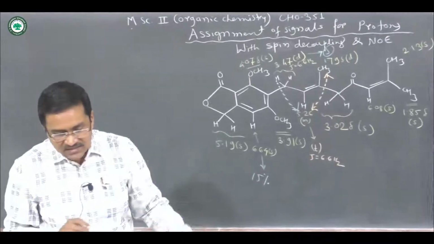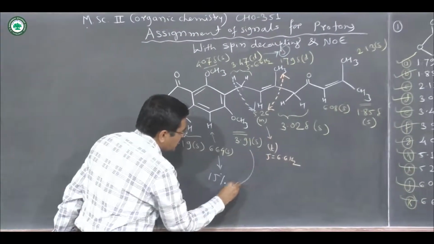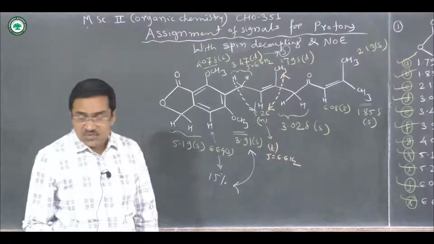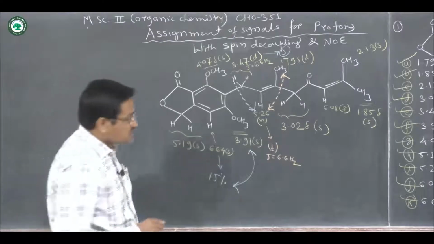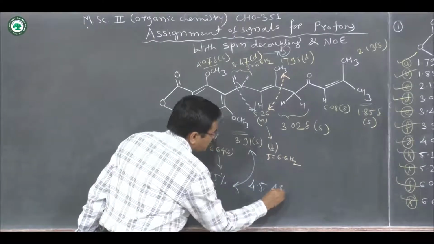The meaning is that the distance between 3.91 and 6.64 is less than 4.5 angstrom.